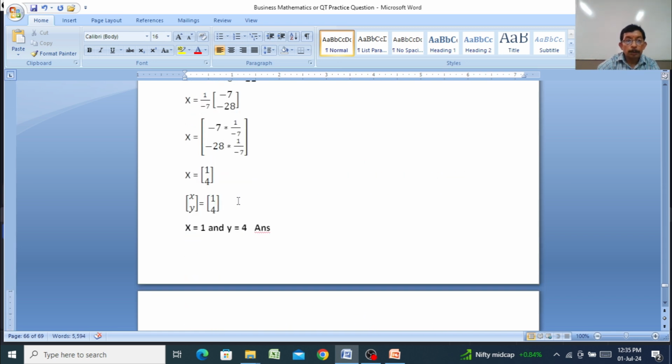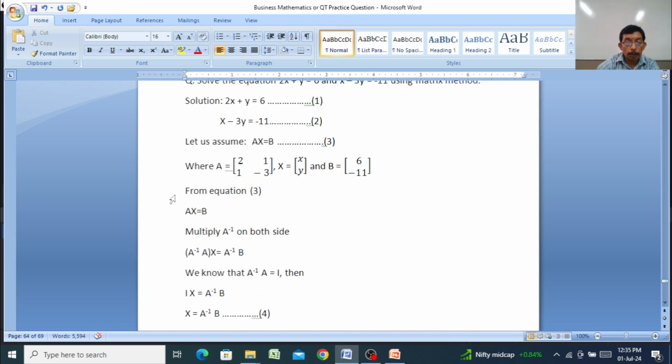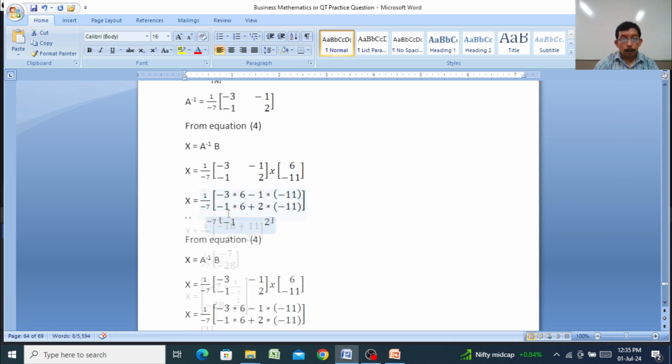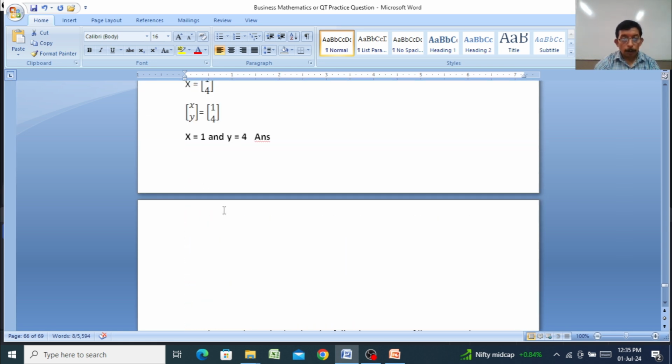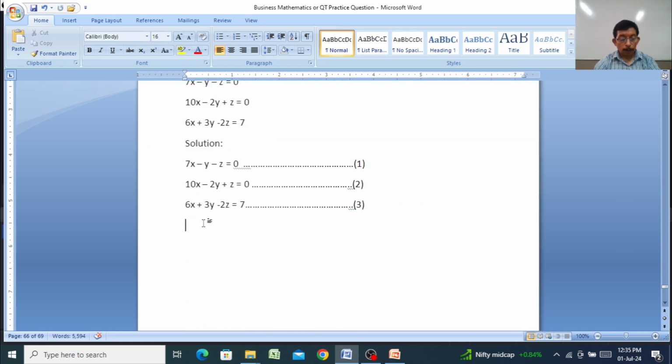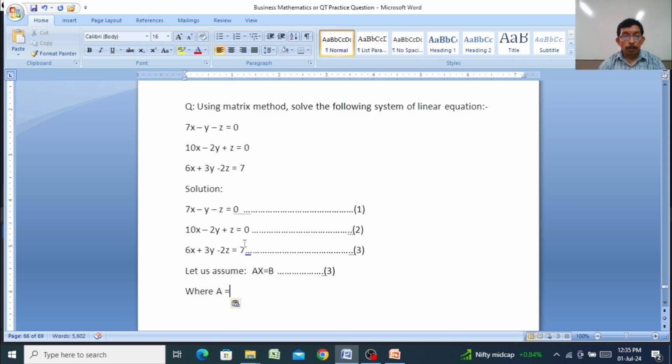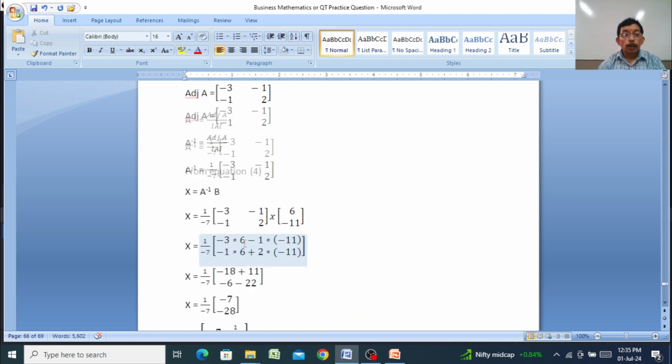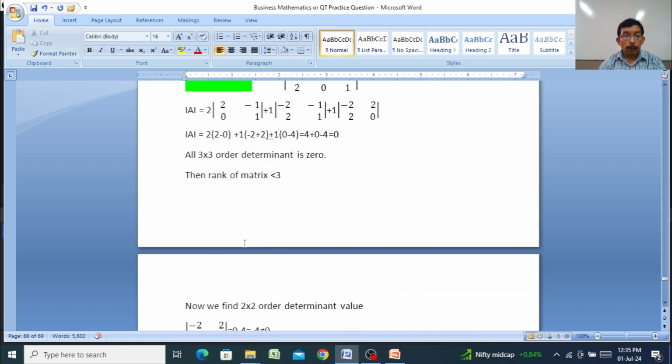Let us assume, same as in the previous question, AX equal to B, where A is the coefficient matrix of x, y, z in the form of first row, second row and third row. So note down the matrix.